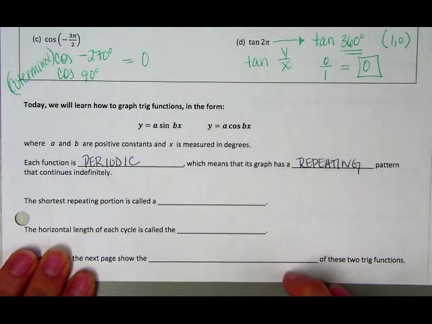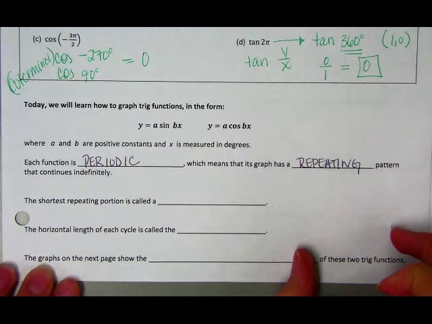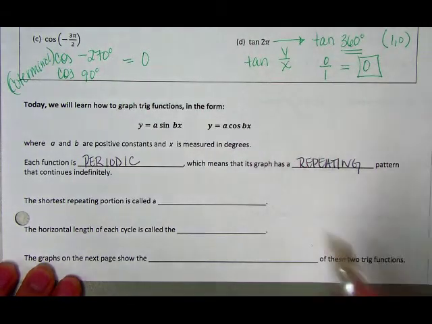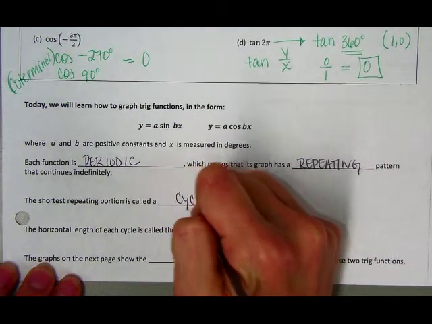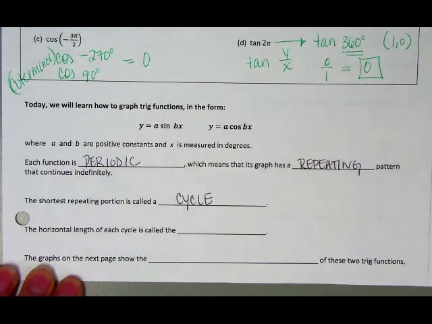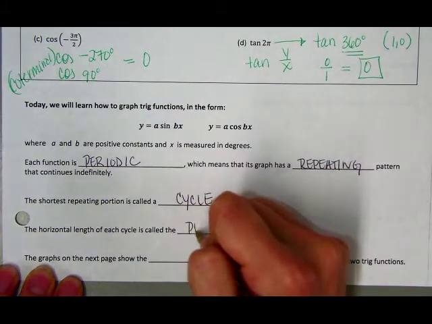And we'll talk a little bit more about that in just a minute when we look at the graphs. The shortest repeating portion is what we call a cycle. We have a horizontal length of each cycle, which we actually call a period.